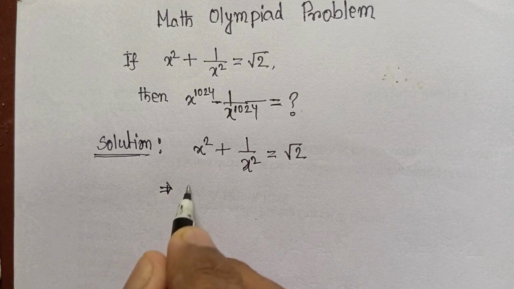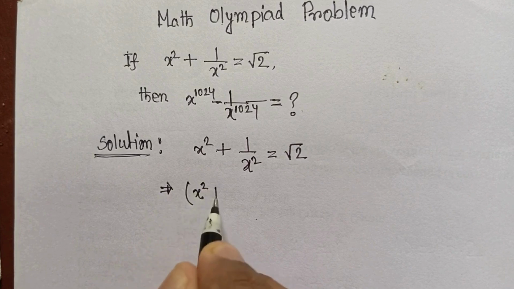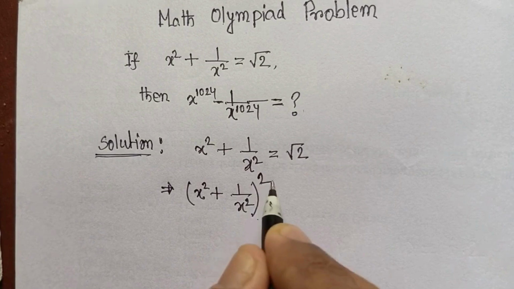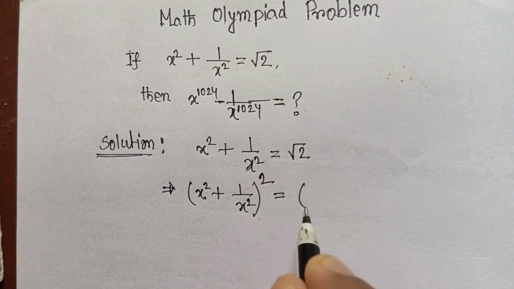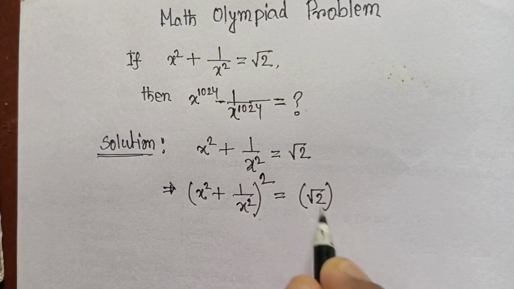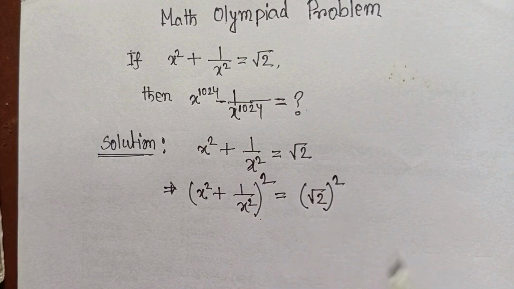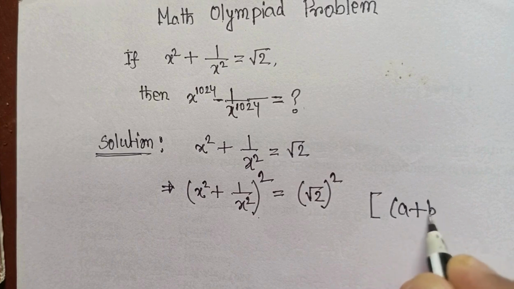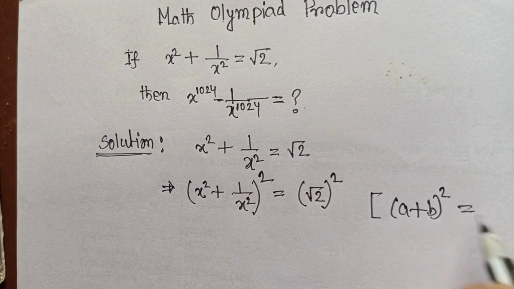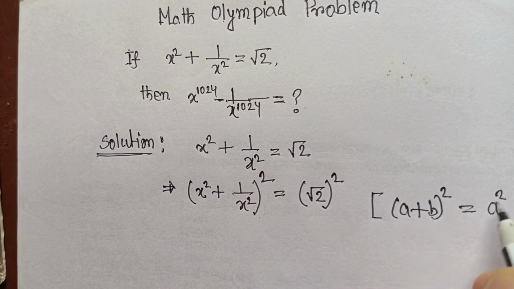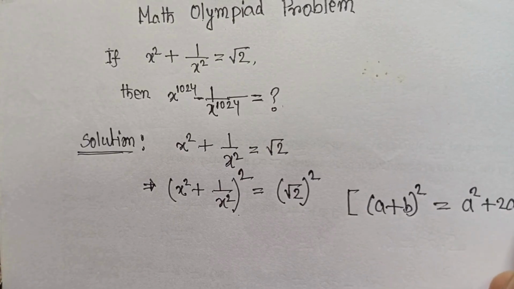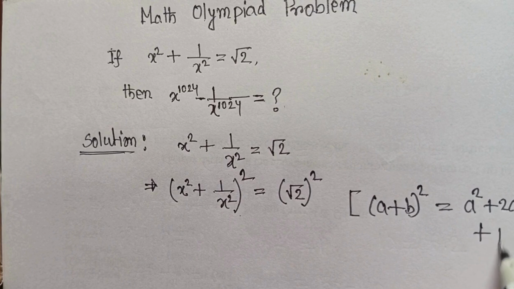Hence we get (x square plus 1 by x square) whole square is equal to root over 2 square. Now we know (a plus b) whole square is equal to a square plus 2ab plus b square.